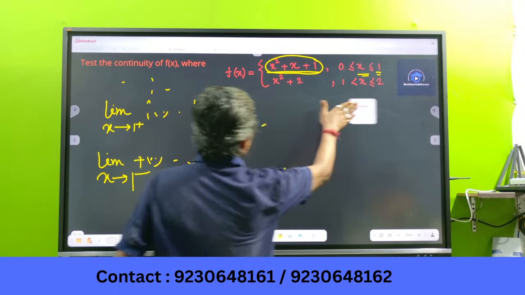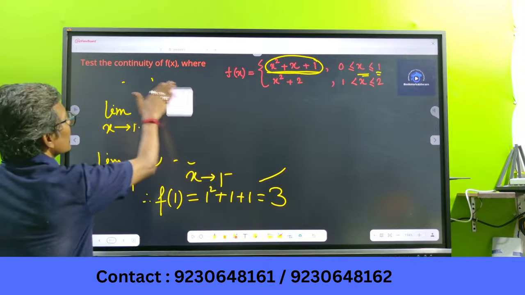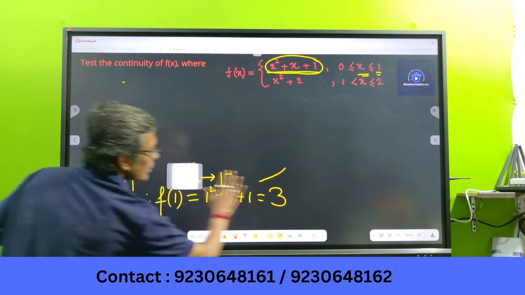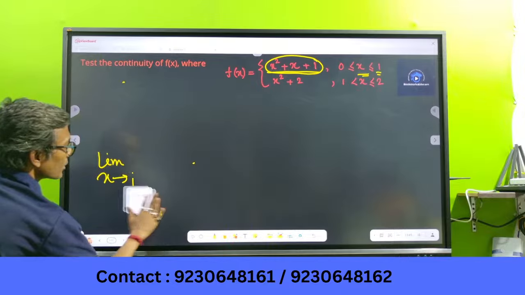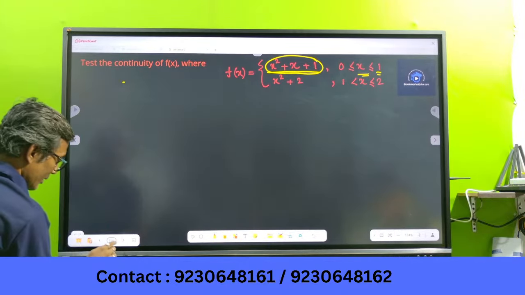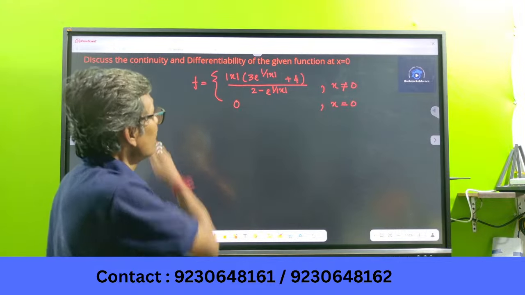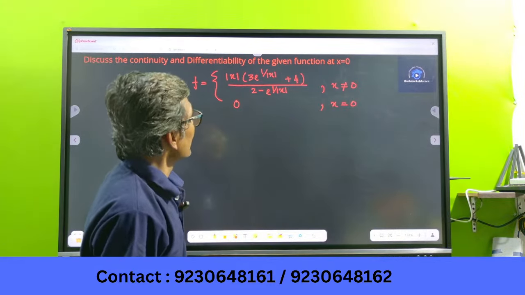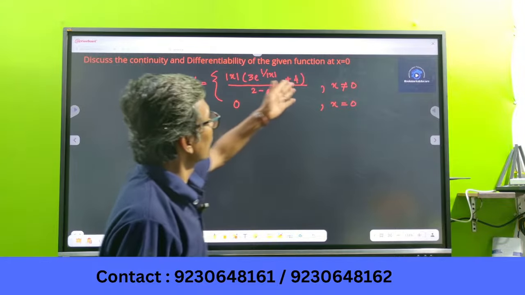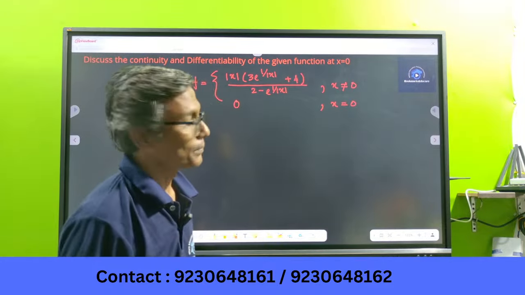Now I'm coming with another question, that is this. Discuss continuity and differentiability of the given function at x is equal to 0.